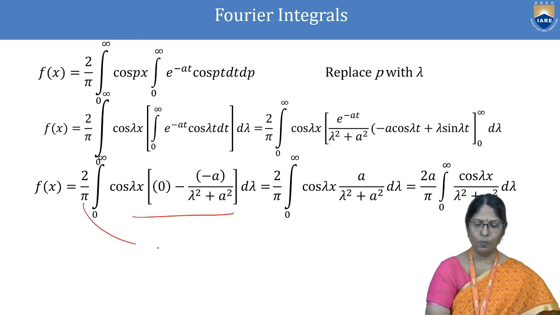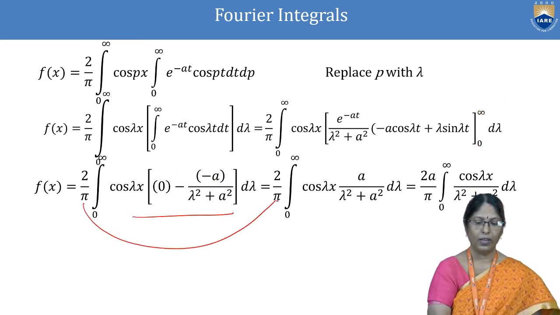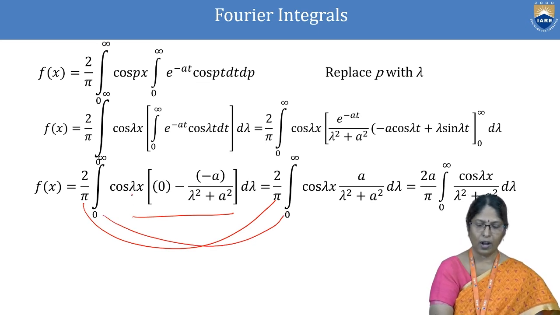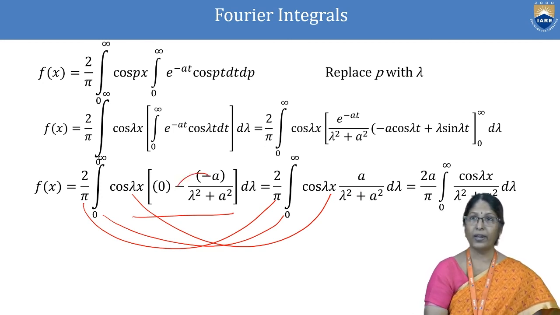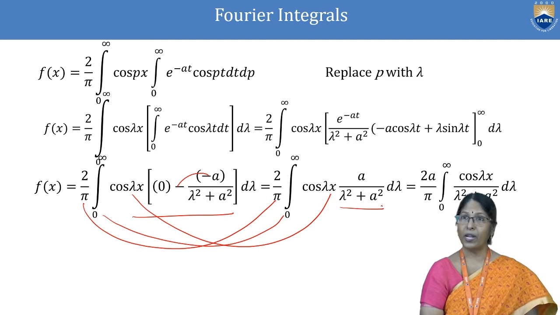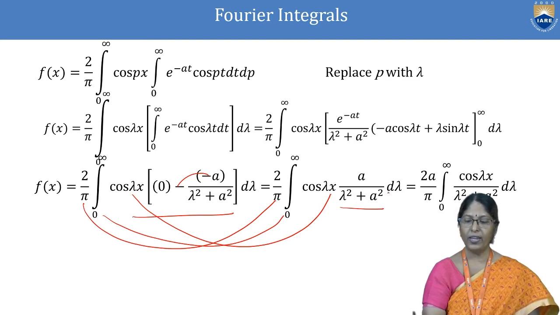Now 2 by pi integral 0 to infinity, cos lambda x as it is, minus into minus is plus, so plus a by lambda square plus a square d lambda. Up to this we got it.